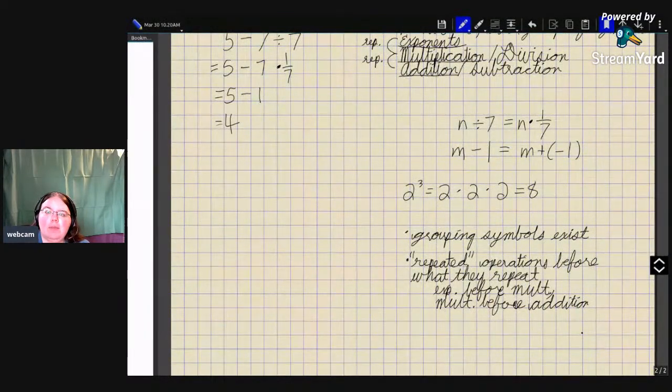Okay, so that gave us most of it, but then what about division and subtraction? Well, our third piece of logic, so that it doesn't get weird if we try to rewrite it and change what operation it is, we say inverse operations.